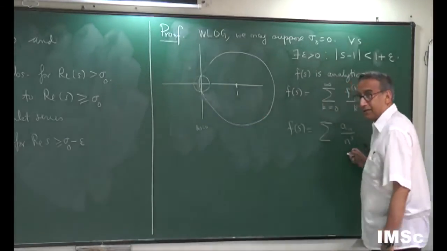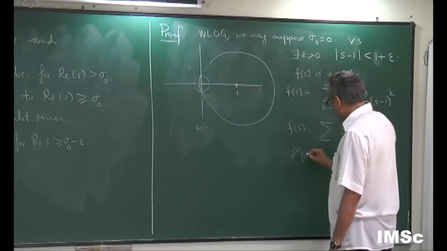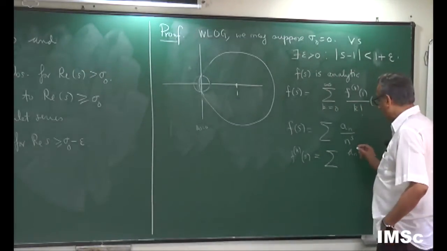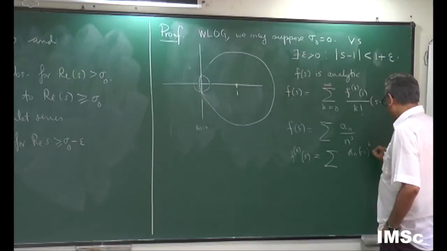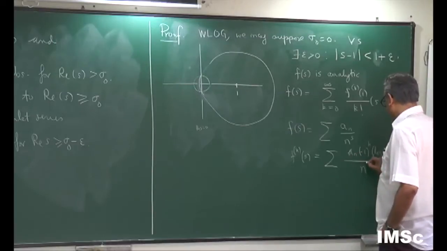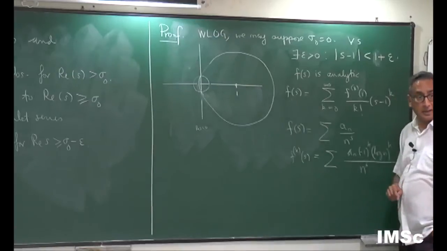That's the Dirichlet series. And so if I want to differentiate umpteen times, I differentiate umpteen times and get, right?